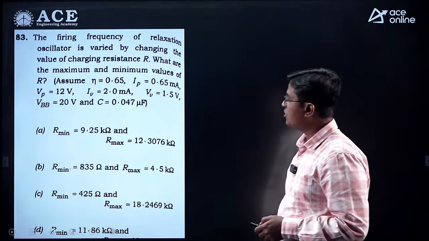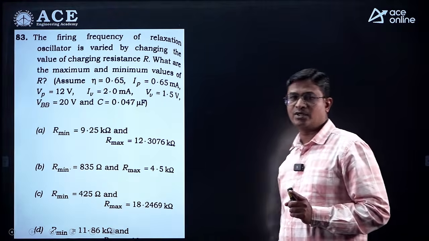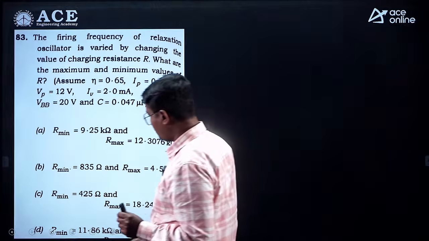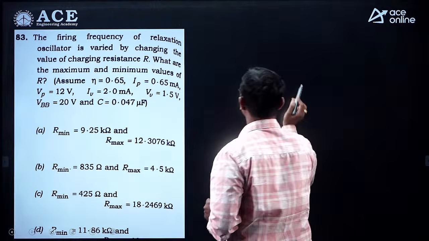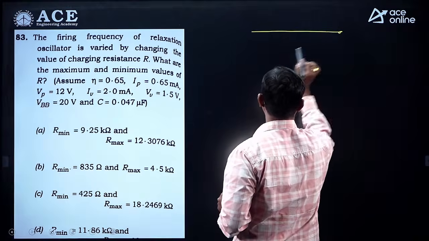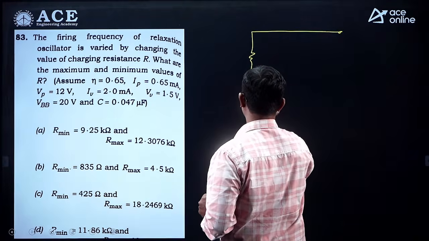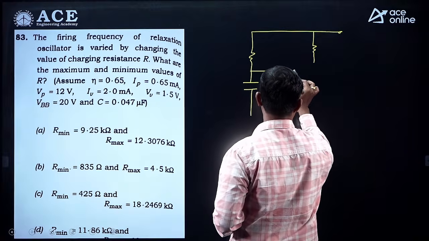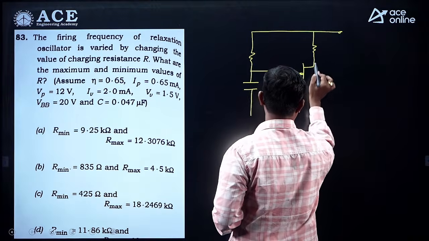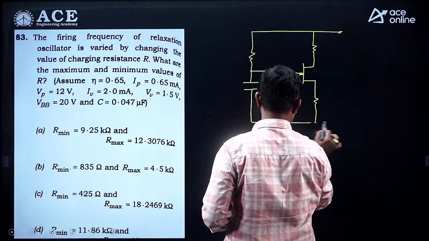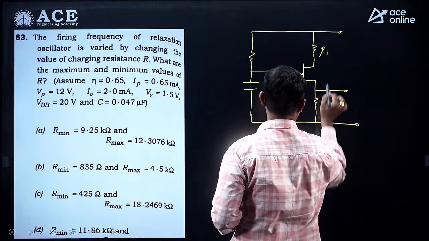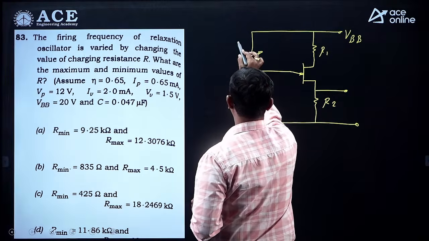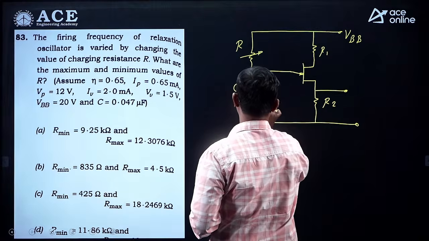Next, the firing frequency of a relaxation oscillator. This question is related to the UJT oscillator triggering for an SCR. If you check the circuit diagram, this is our circuit diagram: R1, R2, this voltage is VBB, this resistance is R, and this is the capacitor, and this voltage is VE.